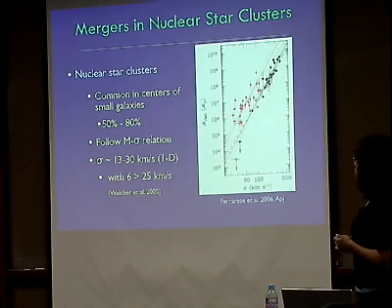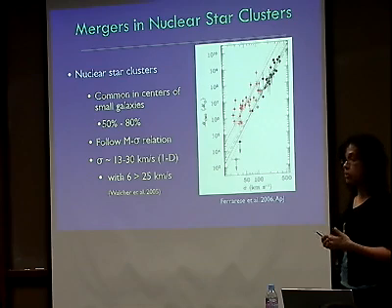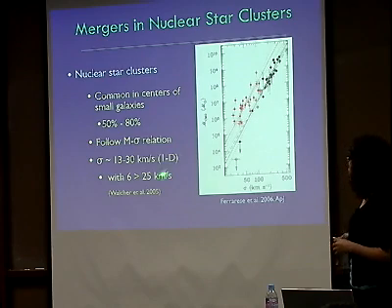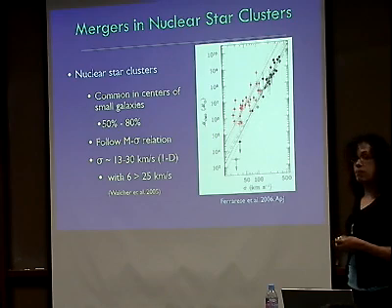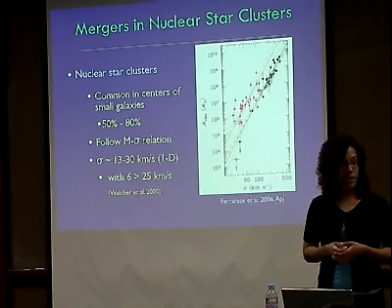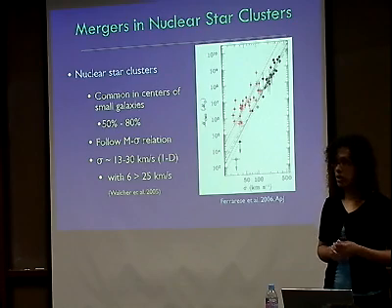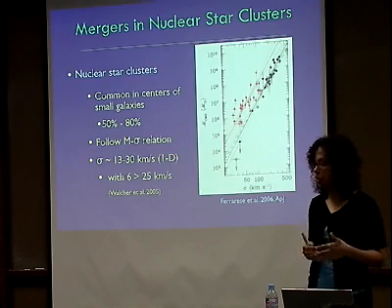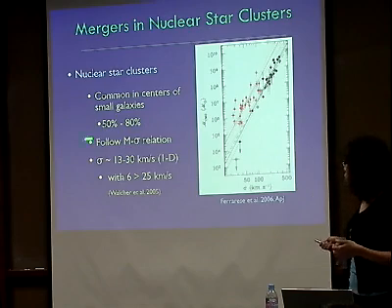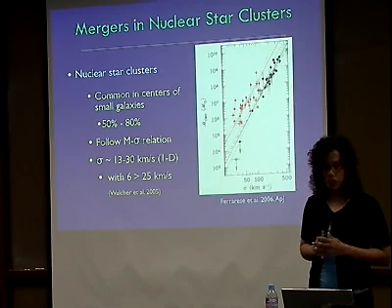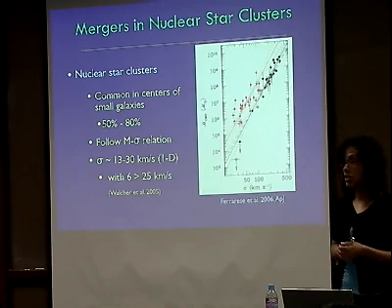Well, it turns out that commonly in the centers of small galaxies, there are clusters of stars that also fall on this M-sigma relation. A recent survey found that roughly 50 to 80% of small galaxies have nuclear star clusters at their centers. The velocity dispersions in these clusters range from about 13 to 30 kilometers per second, and there are about 6 examples that have velocity dispersions greater than 25 kilometers per second.